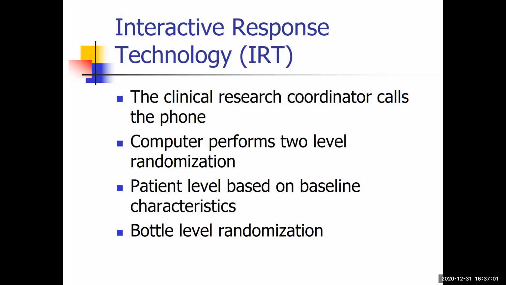So now, if a new patient comes in, and by going through the screening and the baseline, it's time to randomize. At the time of randomization, the clinical research coordinator calls the phone. This IRT has a phone number, and once the computer picks up the phone, the computer performs 2 levels of randomization. There's patient level randomization and there's bottle level randomization.